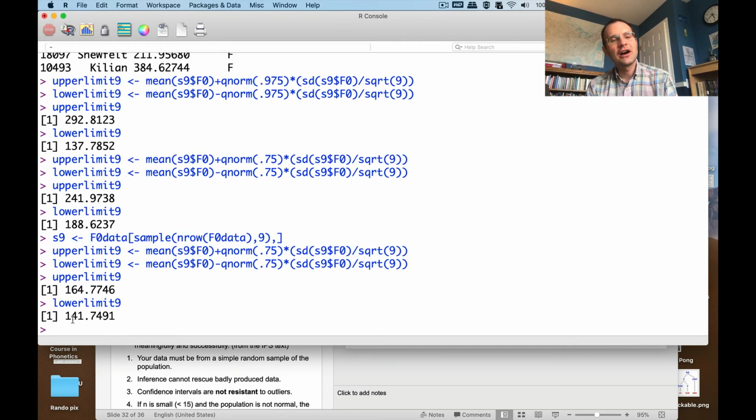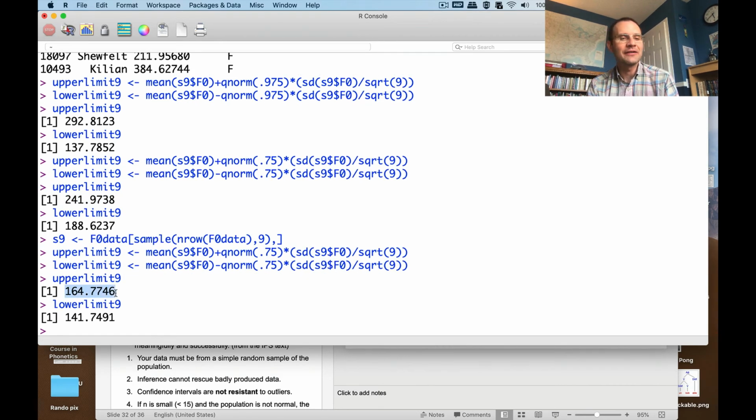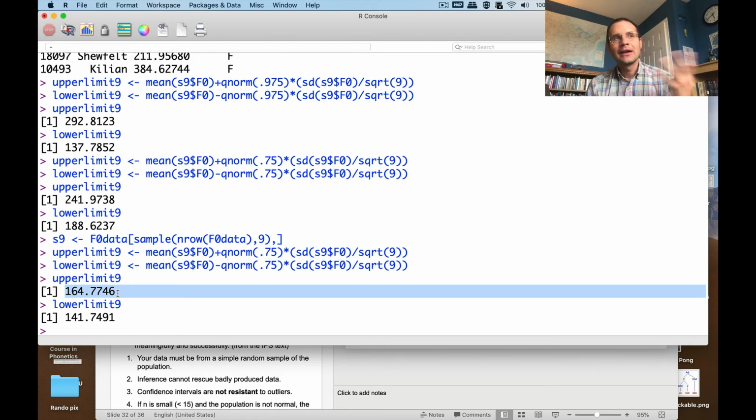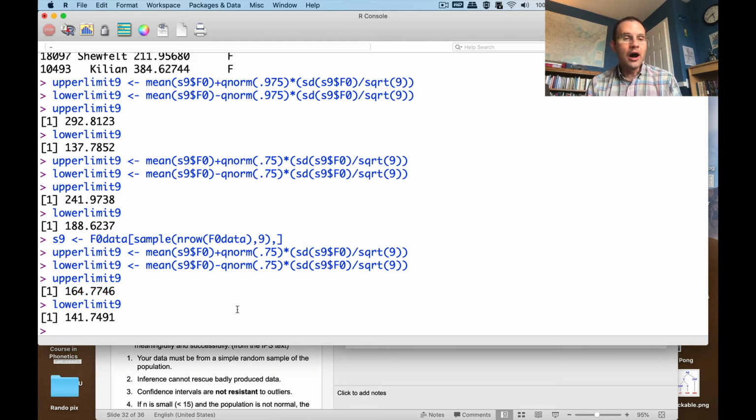My 50% confidence interval in this case is from 141 to 164, and that does not include 190. And this is what you'd expect based on the odds or the basic percentage of the confidence interval itself. For every time you get the population mean within your confidence interval, you should get another time where it's not in the confidence interval. Half the time you're right, half the time you're wrong. That's what 50% confidence means.